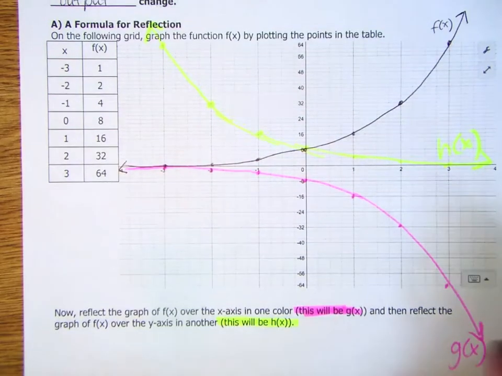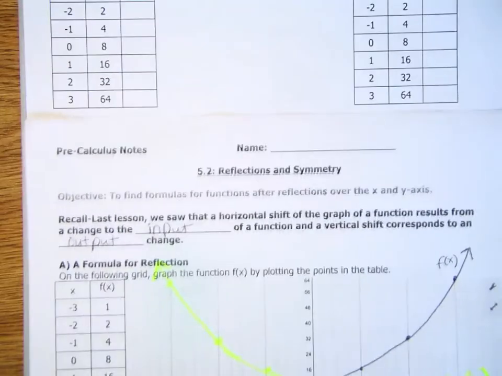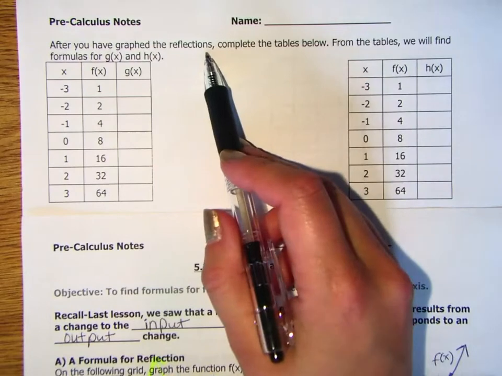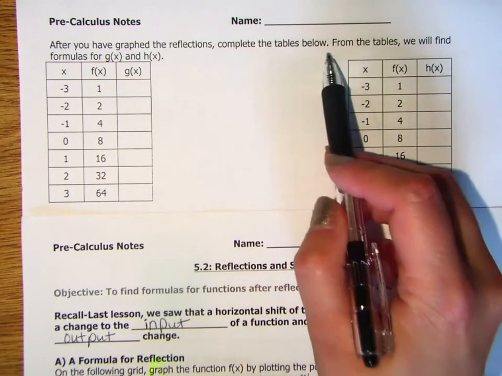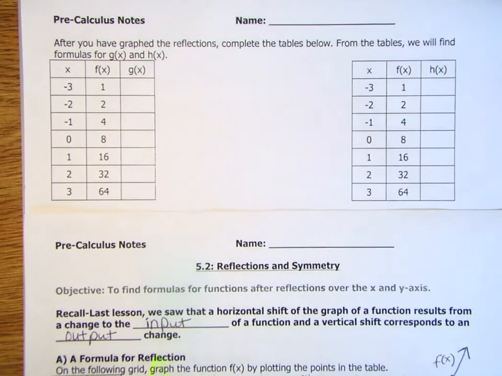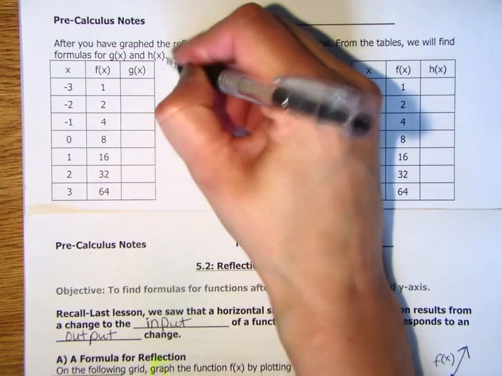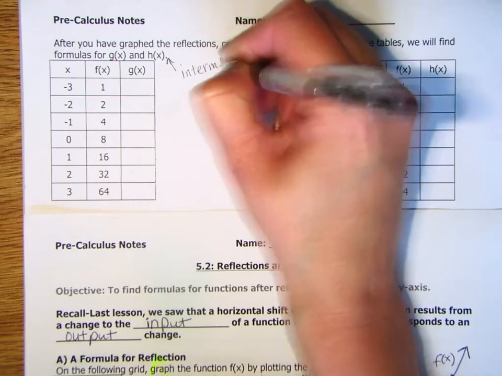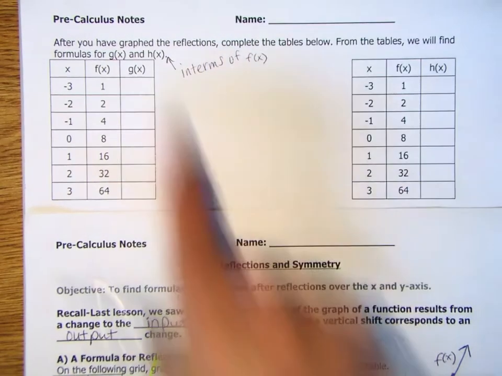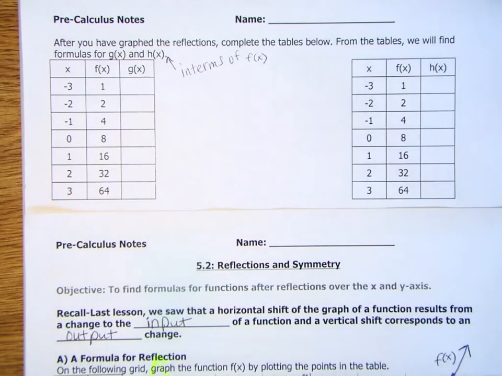If you're ready, because the next part is kind of on your own too, you can go ahead and look at the second page. It says, after you have graphed your reflections, I want you to complete the tables below. And then together from those tables, we will find formulas for g of x and h of x, and those will be in terms of f of x. So if you have your graphs done, go ahead and fill in those table of values.